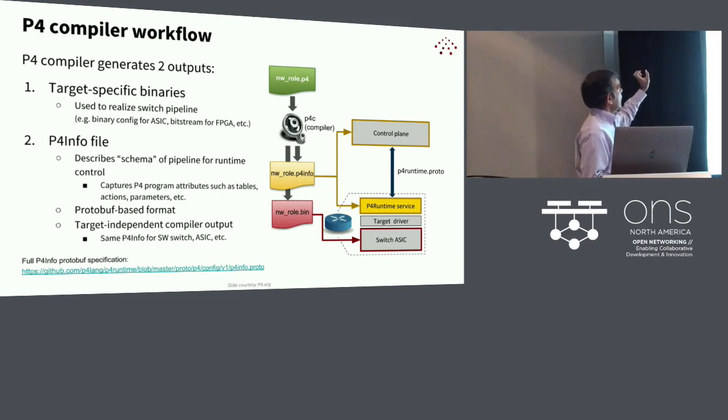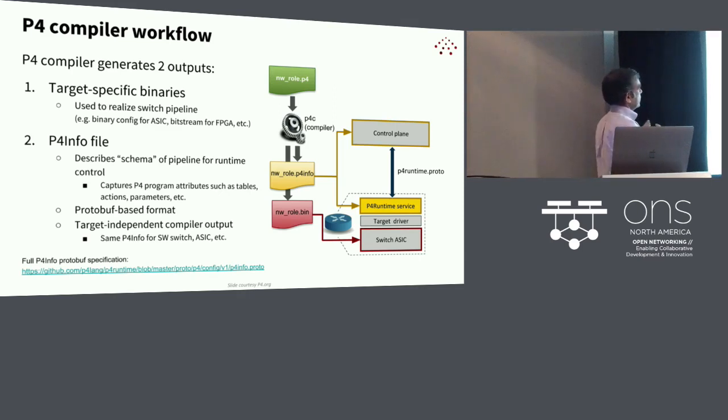The first is a target-specific set of binaries, which we call the device info, which is used to basically initialize the ASIC. So when you push the forwarding information, the ASIC uses this to initialize its memory, do some memory allocation, or power on the ASIC, etc. That's the first part.